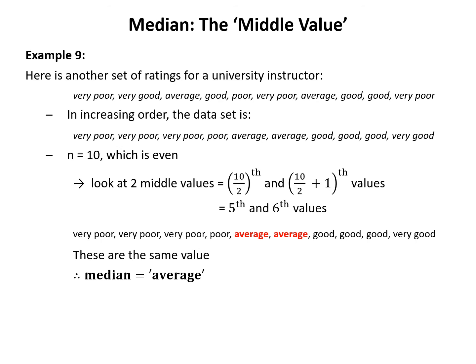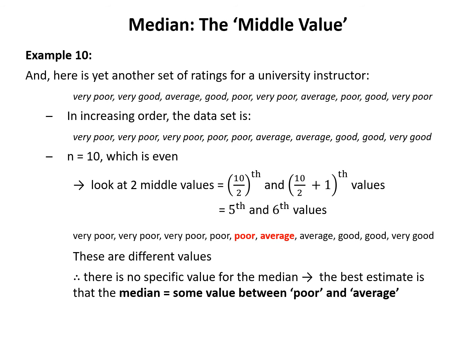Now this is ordinal data. So if we have two middle values, which is the case when n is even, then we only have a specific median if those two middle values are both the same. In this case, that is what we have. We have both middle values being average, so we can say therefore that the median equals the rating average.